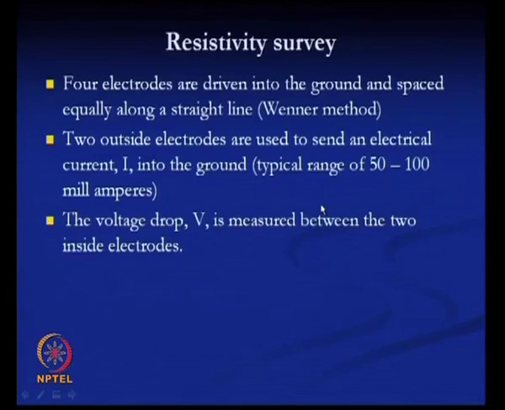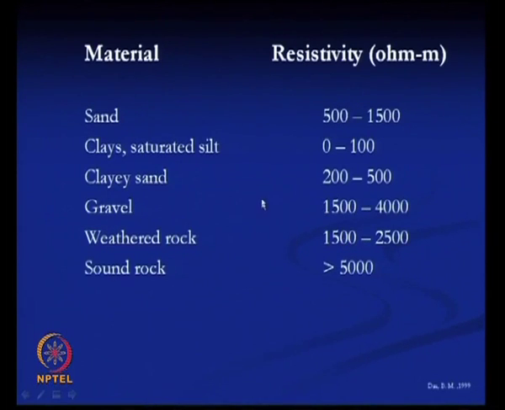Now, if we use this chart, these are the different soil materials, and each soil has its own resistivity range. If we know the range of the resistivity of that particular soil material, then we can identify which type of soil it is. For sand, the resistivity range is 500 to 1500 ohm meter, and for clay or saturated silt, the range is 0 to 100.